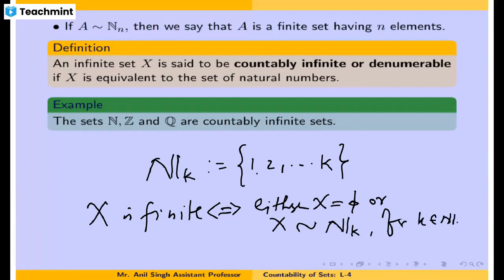Whenever we have a finite set, if X is equal to empty, then we say that X has 0 elements.